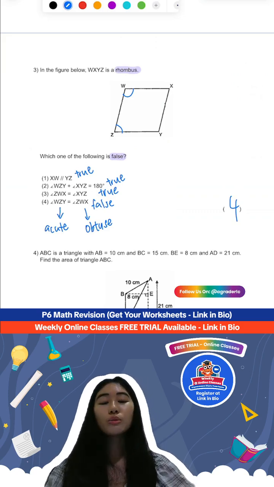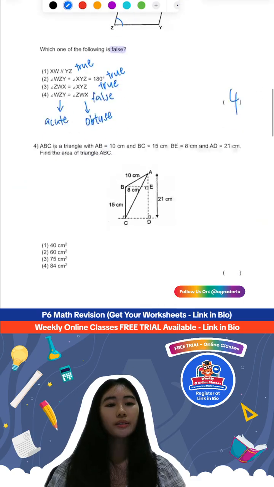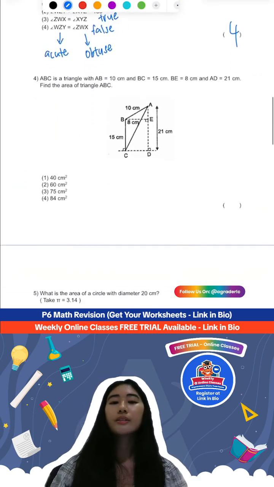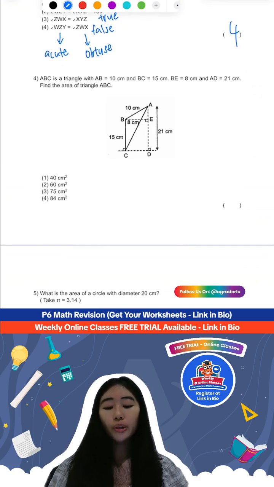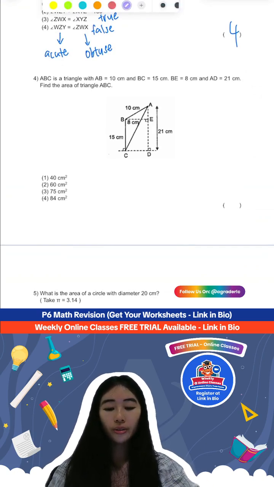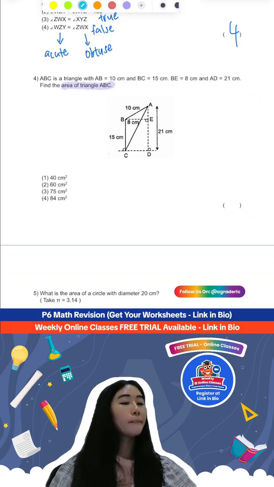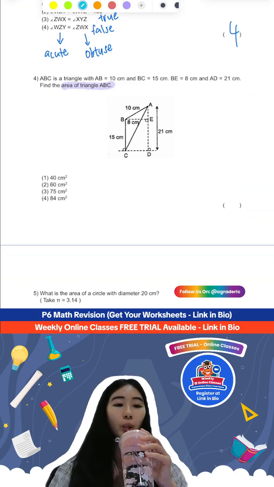Then we're going to move on to the next question here. Yeah, so we have an area of triangle question. Please try it out. You're supposed to find the area of triangle ABC. Let me know your answers in the chat.